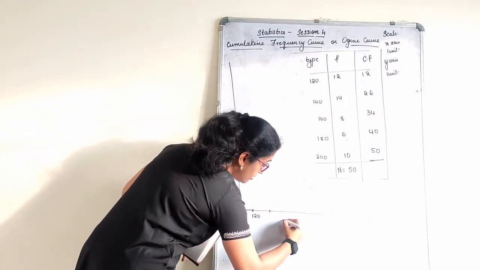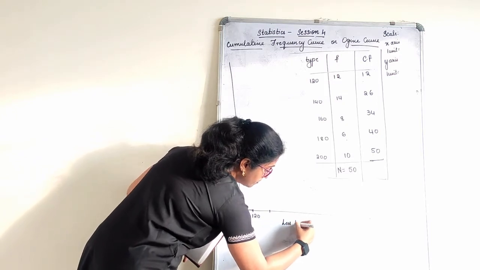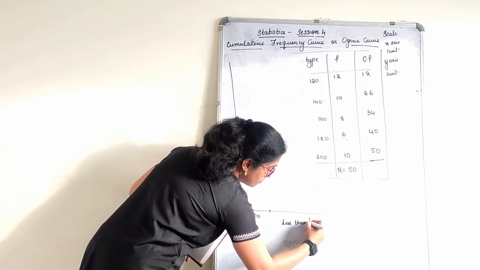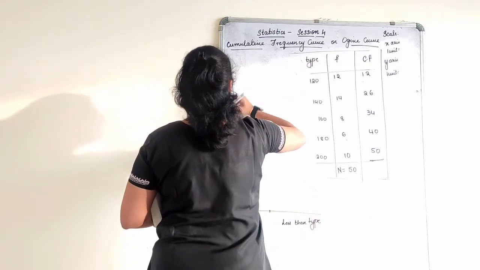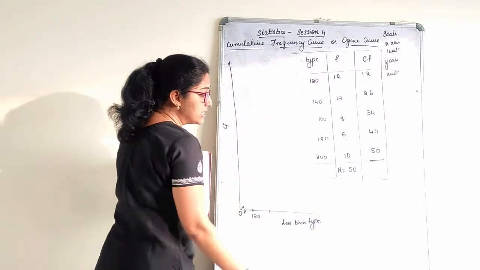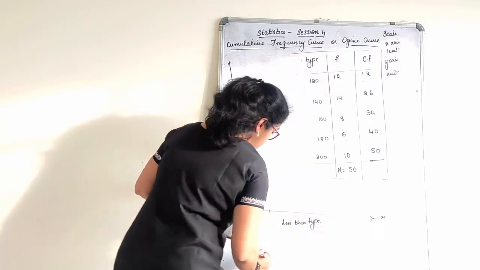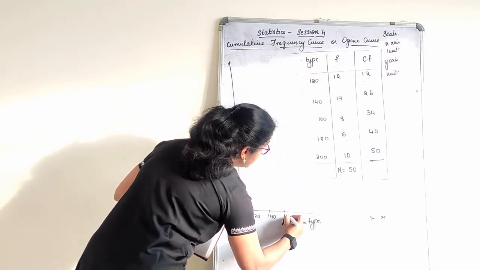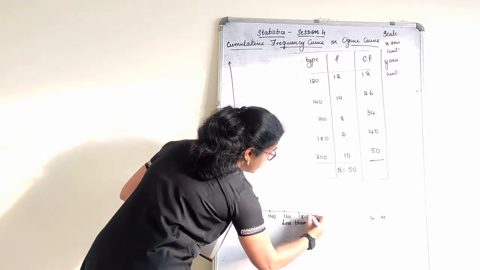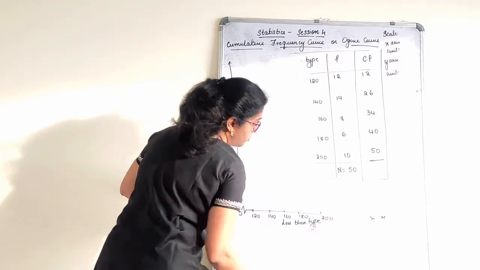So here you write less than type, and this is plotted against the cumulative frequency CF. So 120, 140, 160, 180, 200.